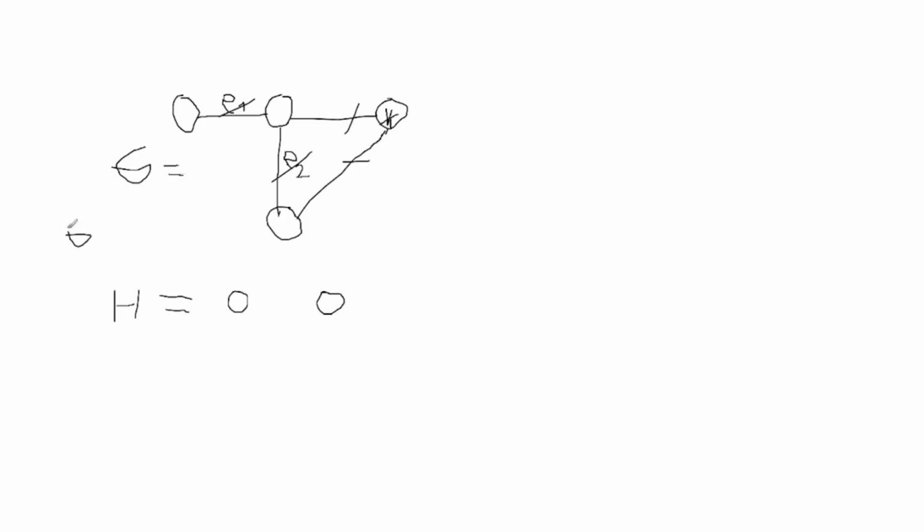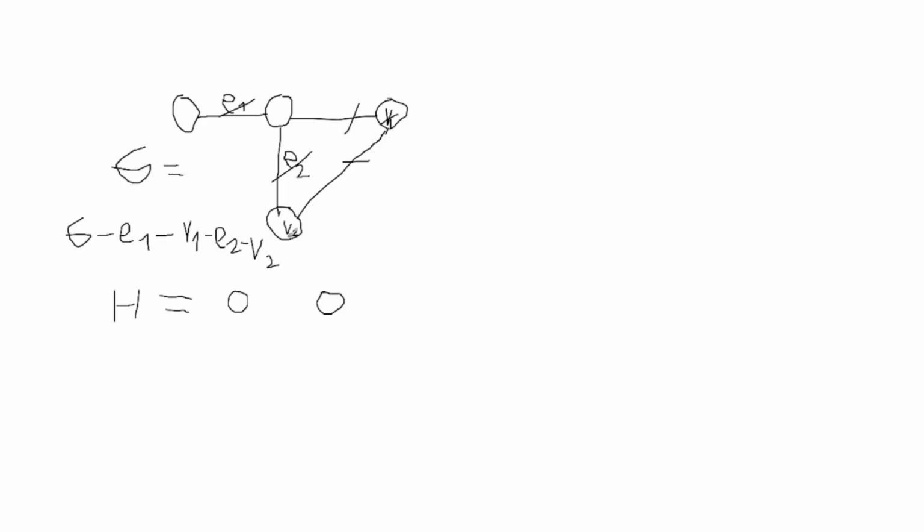So what we do is we do G minus E1 minus V1, and we also contract this. If we call this V2, basically we also remove this E2, and we also remove V2 because contracting means merging it.